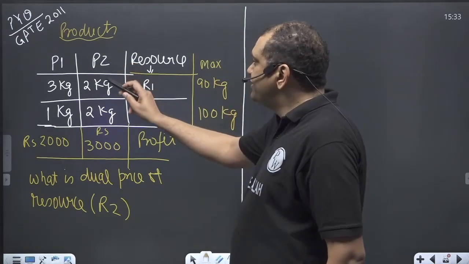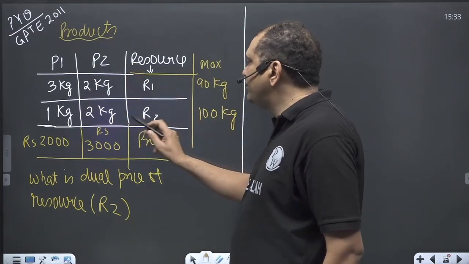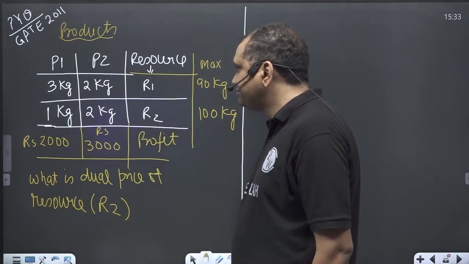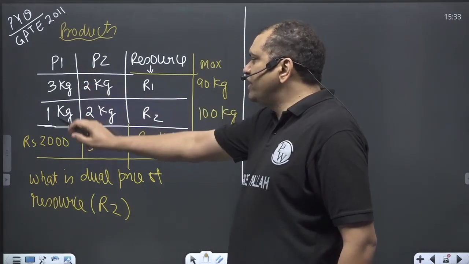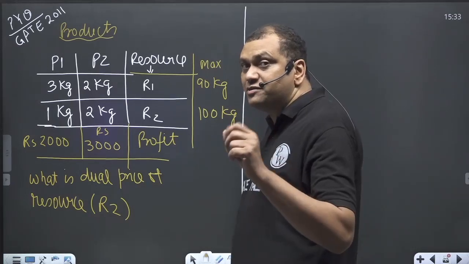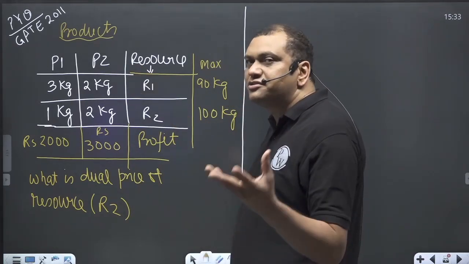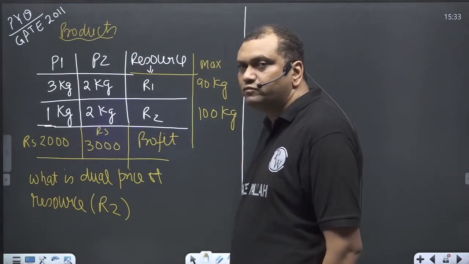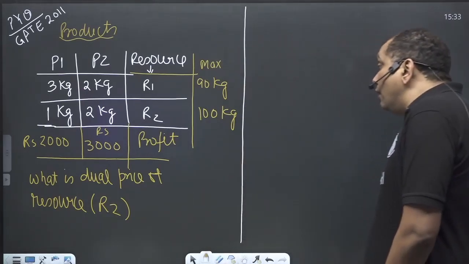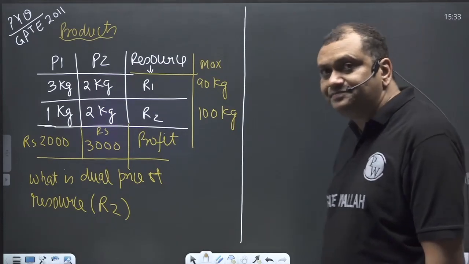Product P2 requires 2 kg of R1 and 2 kg of R2. Product P1 gives a profit of 2000 rupees per piece, and P2 gives 3000 rupees of profit. Okay?